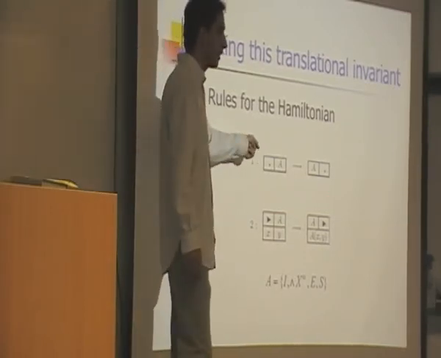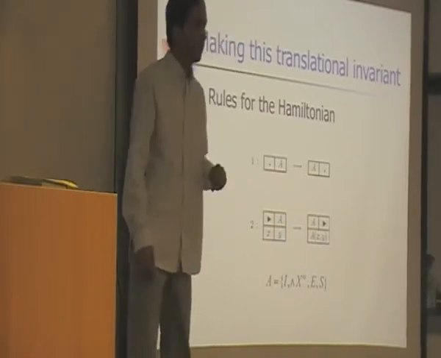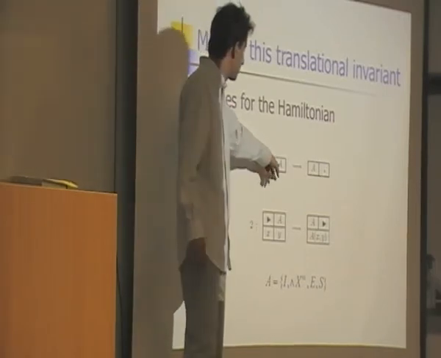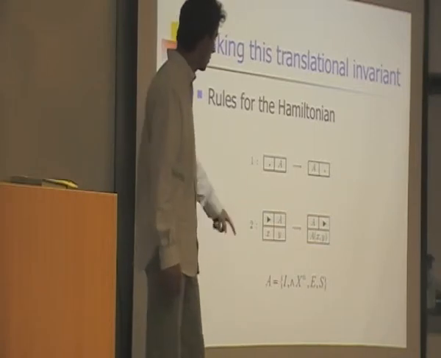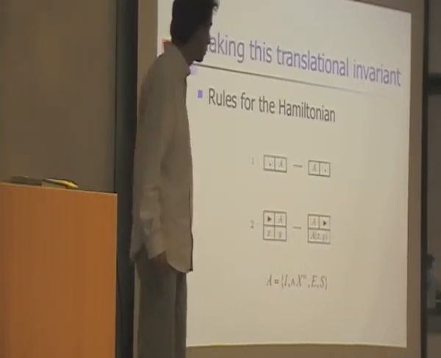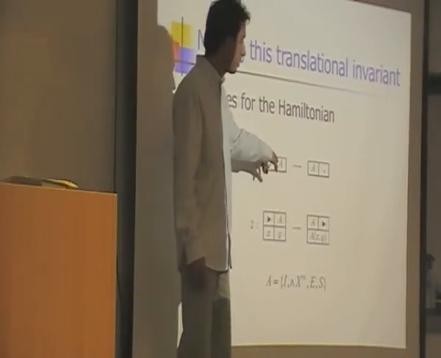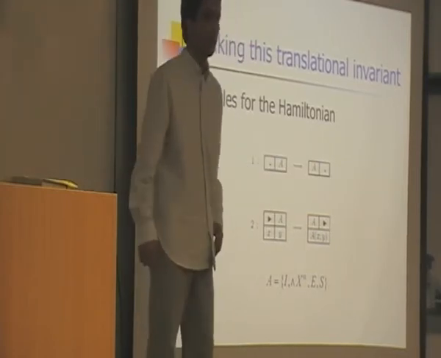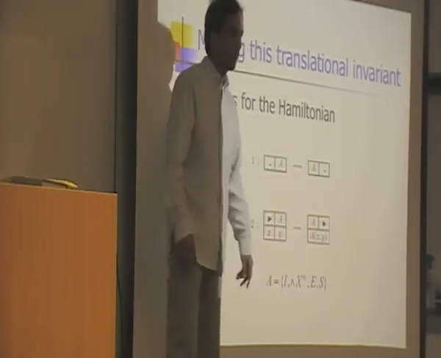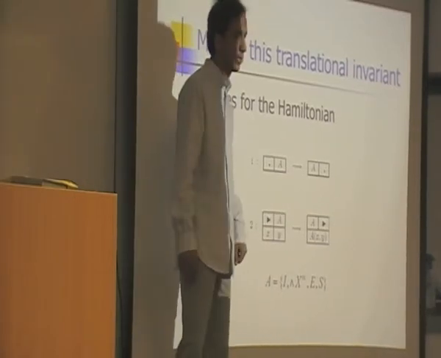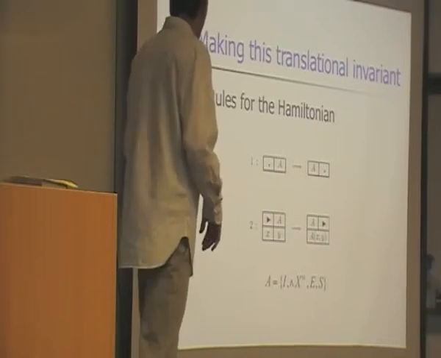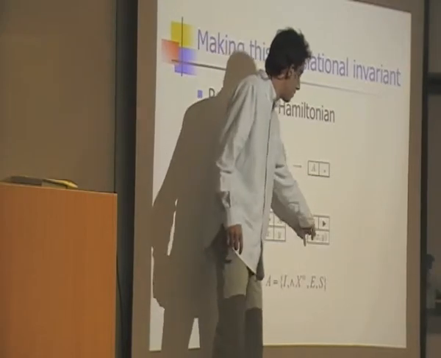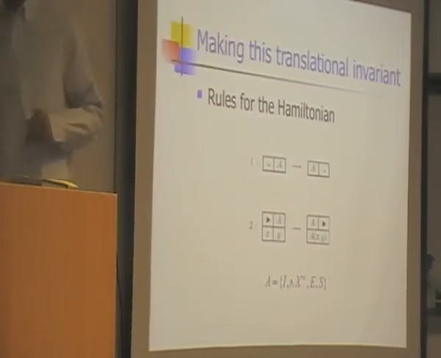Rule number 1 states that when the empty symbol comes just behind a command, where our commands are parts of our assembly language, the Hamiltonian should swap these two symbols and do nothing on the underlying qubits. And if a pointer is just behind the command, it should swap the symbols and perform the evolution of A on the two underlying qubits.